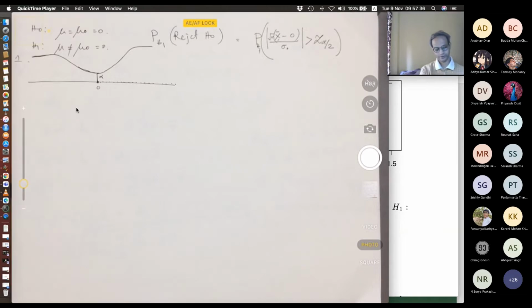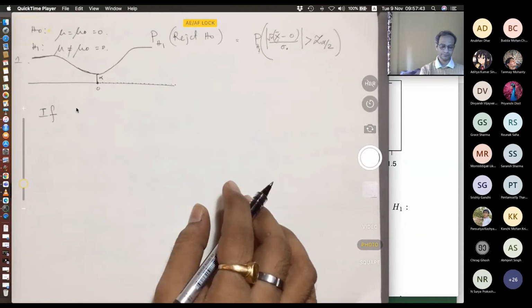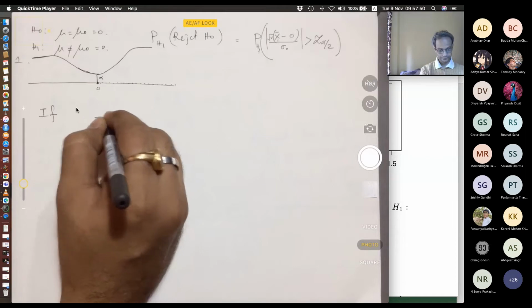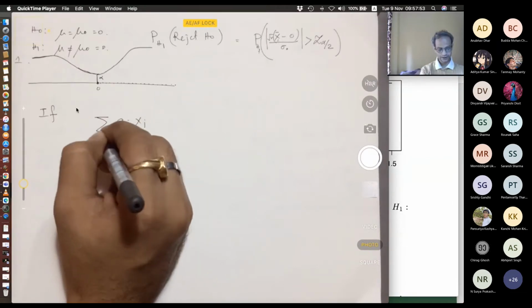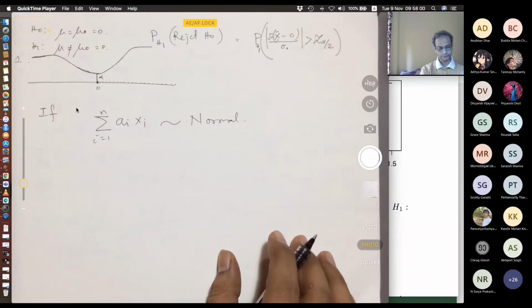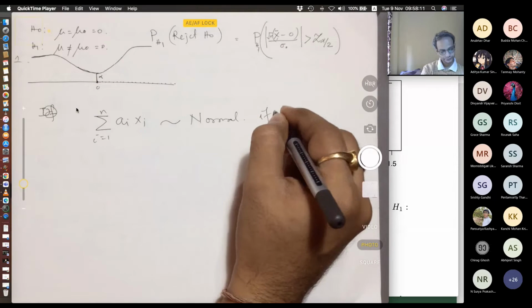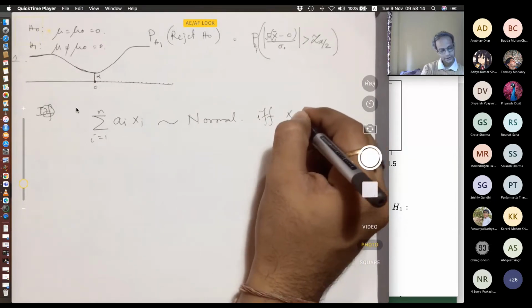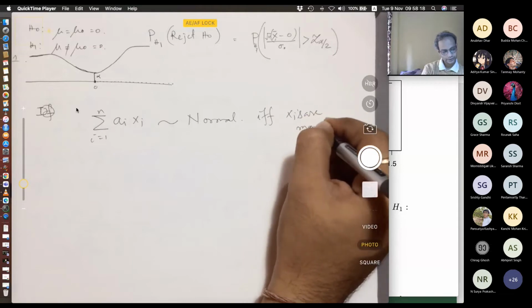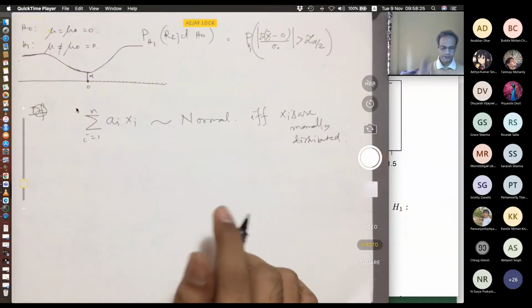I don't know whether I have told you or not, that the sum over ai xi, i running from 1 to n, follows normal if and only if the xi's are normal. So it doesn't matter.